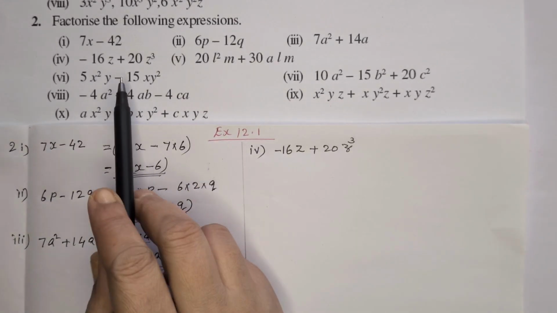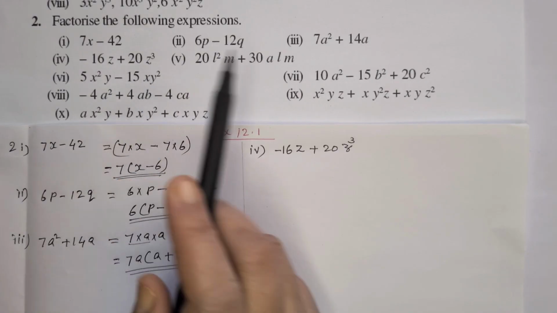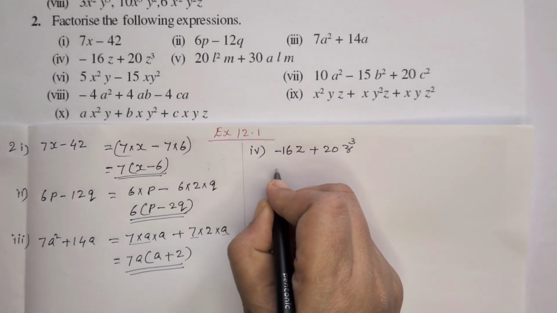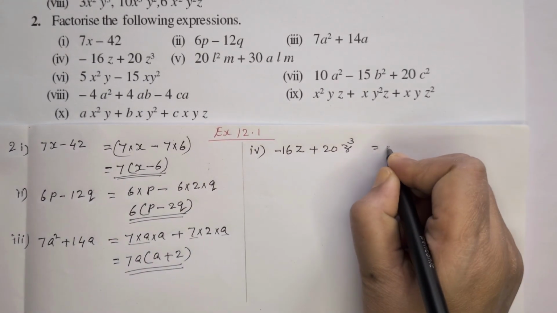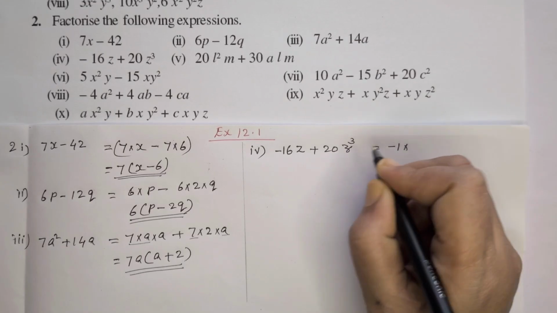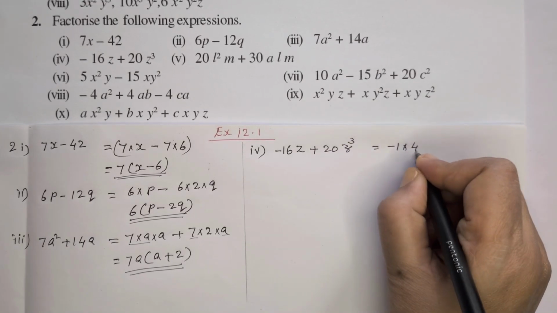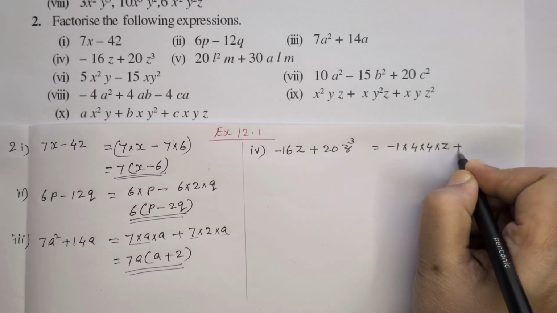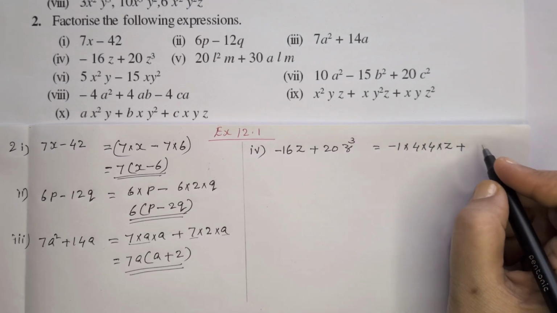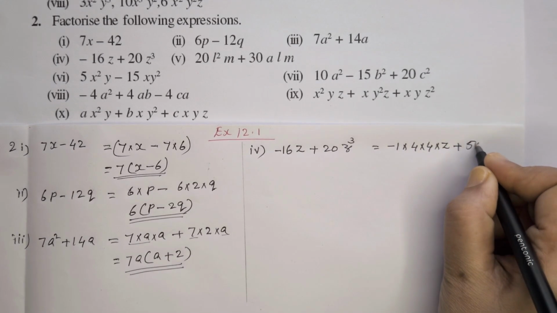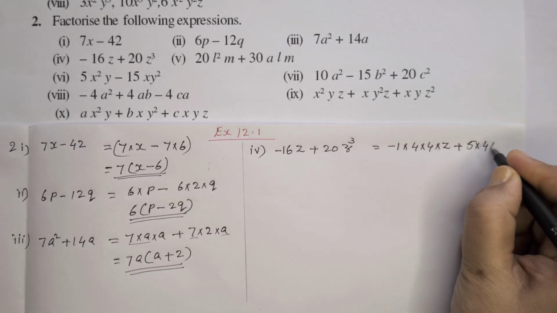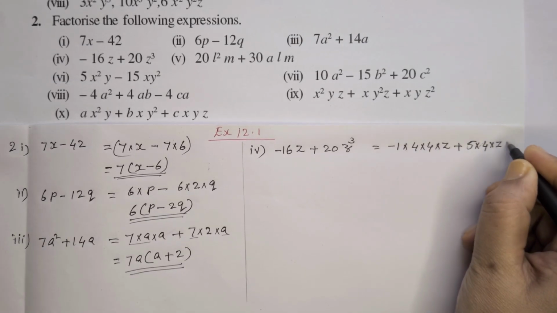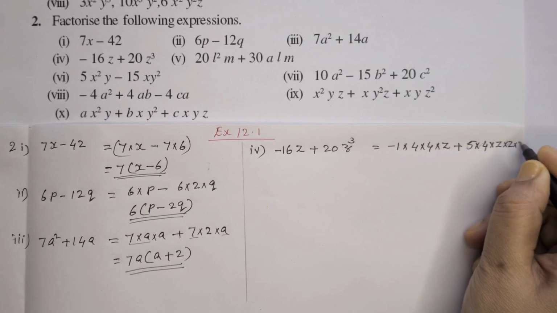Fourth one, minus 16z plus 20z cube. This we can write as minus 1 into 16, we can write as 4 into 4, that into z, plus here 20 we can write as 5 into 4, z cube means z into z into z.